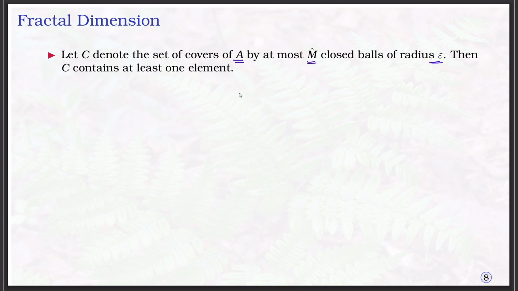That means, if you are taking the set of covers, A is contained in, I am denoting a cover of A as script C, with C_i varying over i. C is the set of all such script C such that A is contained in this open cover, where each element C contains i equal to 1 to m bar number of sets.